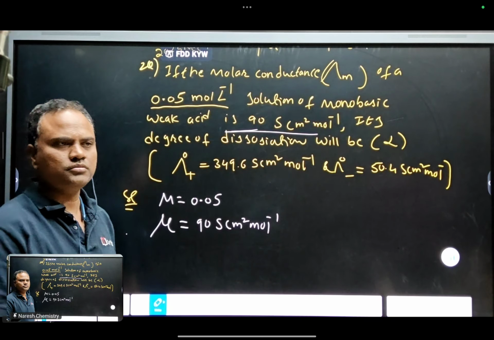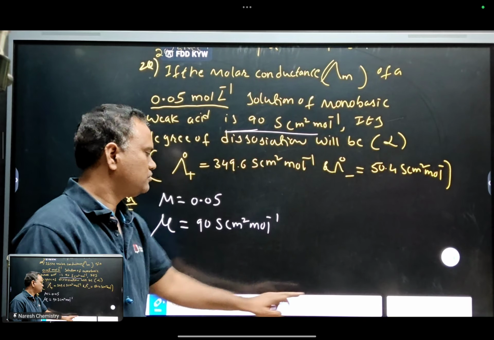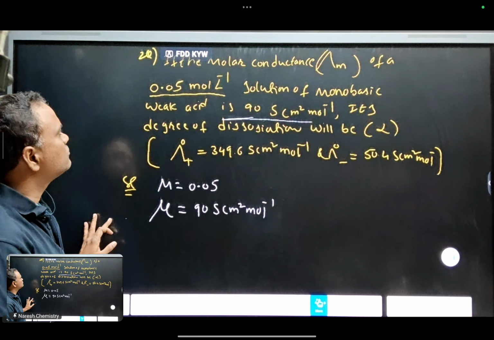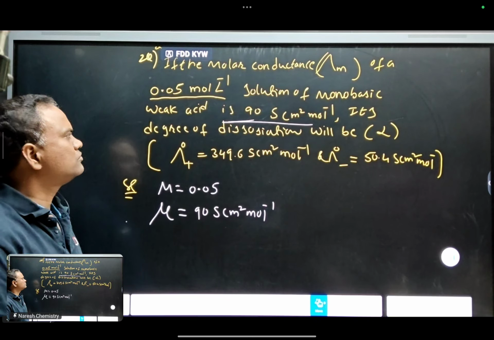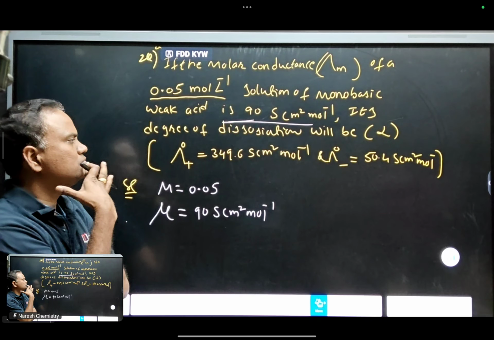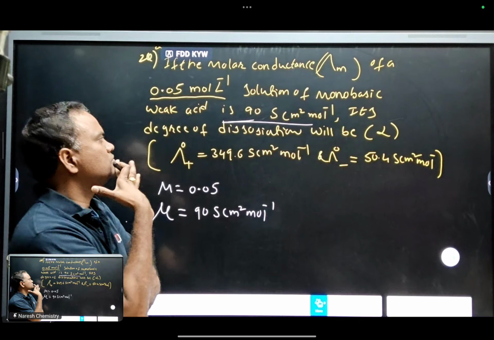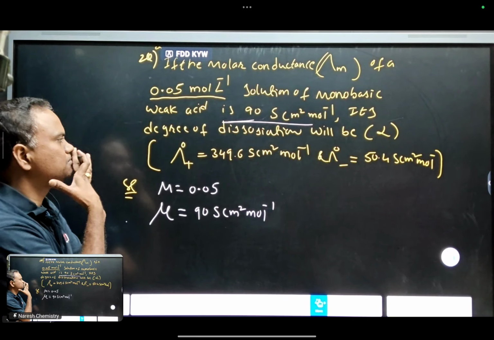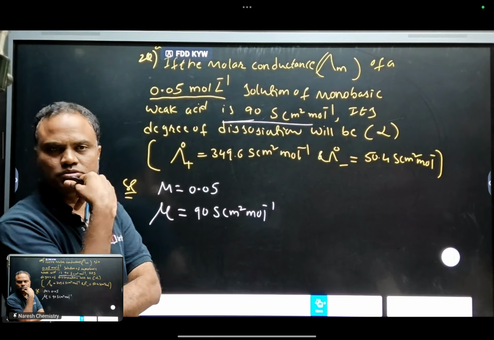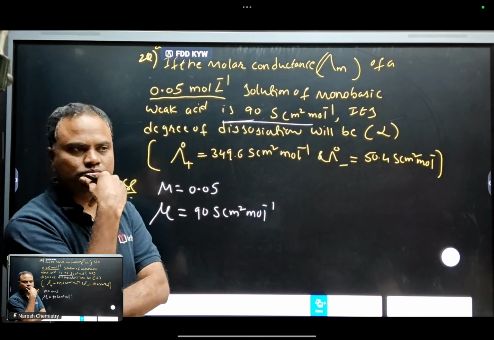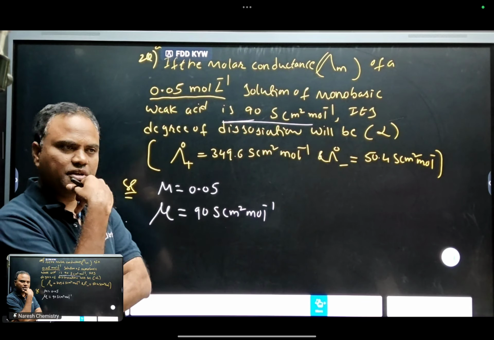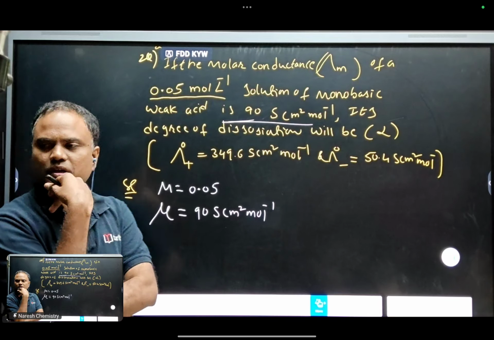How to find alpha? What is the formula for alpha? Alpha is lambda c by lambda naught. How to find lambda naught?